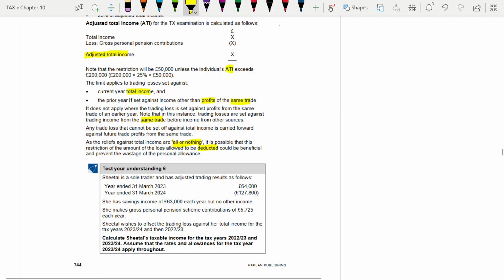Fine. Now, what they have mentioned is Sheetal. Adjusted trading profits are 64,000 in 2023 and 127,800 in 2024.